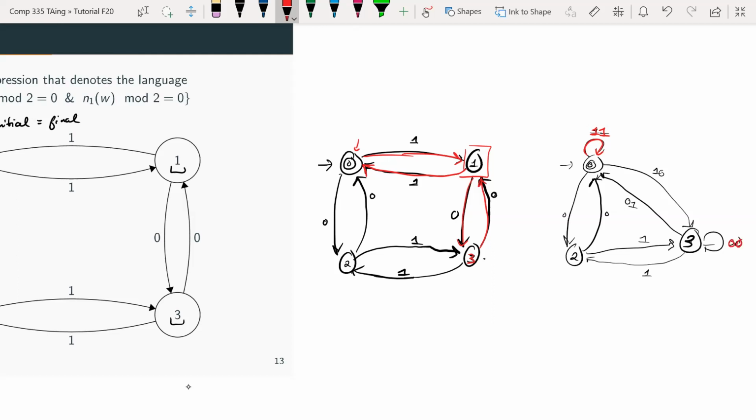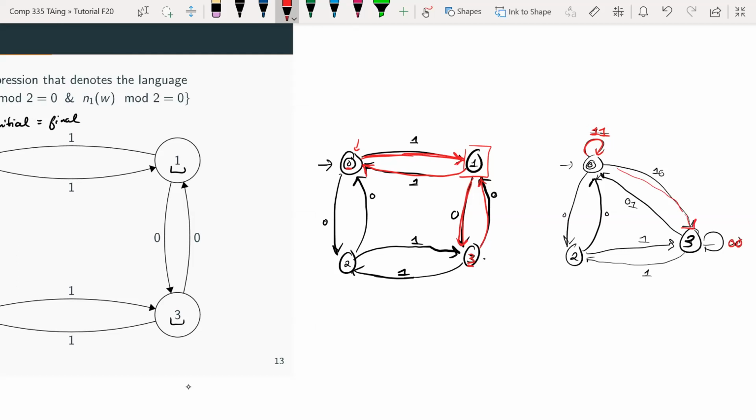The other transition this intermediate state is allowing is that it's acting as an intermediary between 0 and 3. So you can go from 0 using a 1 and then to 3 using another 0. So using a 1, 0, you can go from 0 to 3, and that can be written directly here.